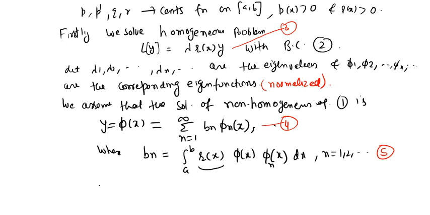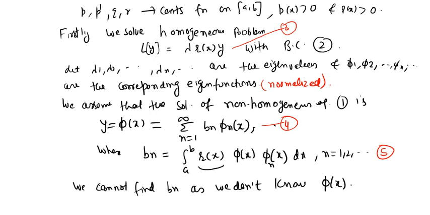And of course to find the solution y or phi(x), you need to know b_n. Okay, and b_n also uses phi(x), so we cannot find b_n directly as we don't know the solution of the non-homogeneous problem, which is phi(x).